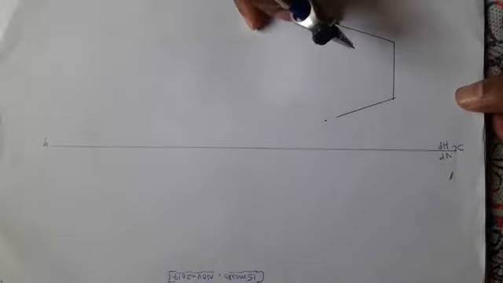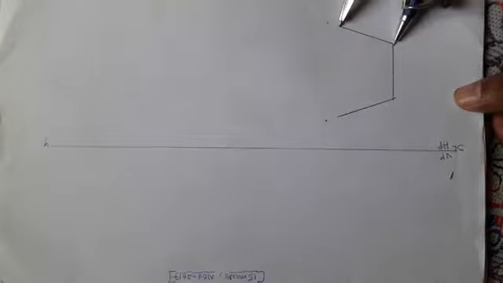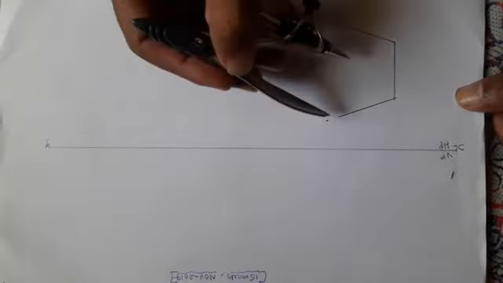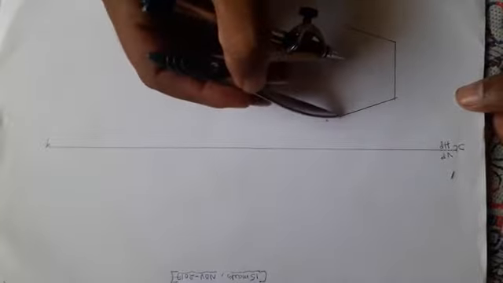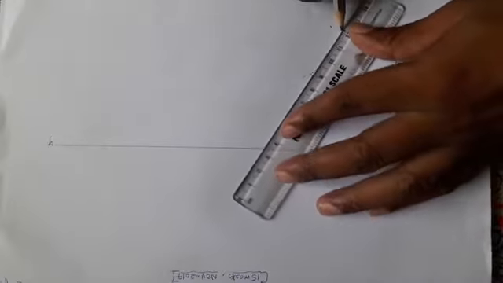So I am going to take the 35 mm distance and mark it here. Similarly from this point, I am joining the two points from here to here.